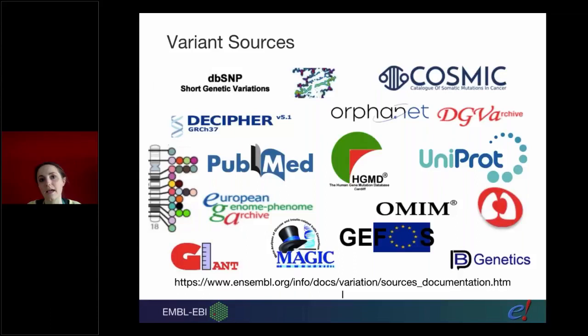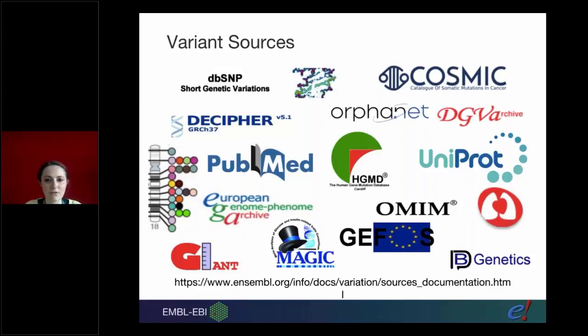We get things like ExAC, and not ExAC anymore because that's incorporated into gnomAD. gnomAD, that's what I meant to say, and 1,000 Genomes we get through dbSNP because they accession the data. We also have somatic variations from cancer, from COSMIC. We get phenotypes and things from the GWAS Catalog. We work with UniProt, so a number of different sources.